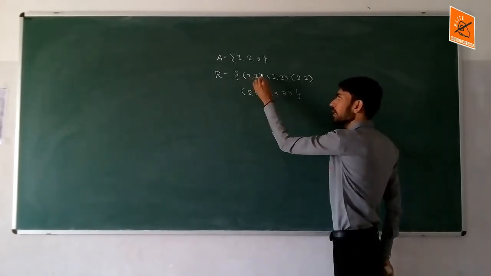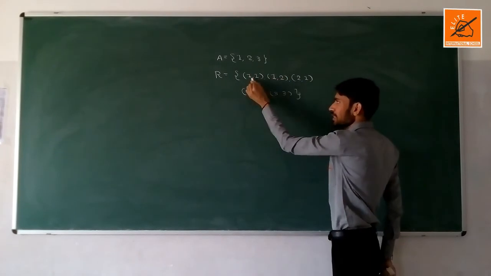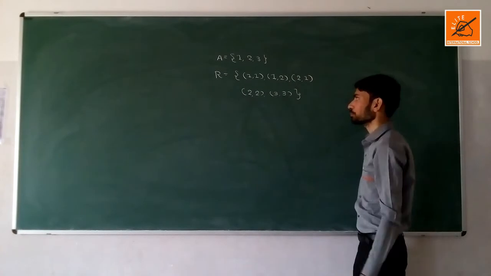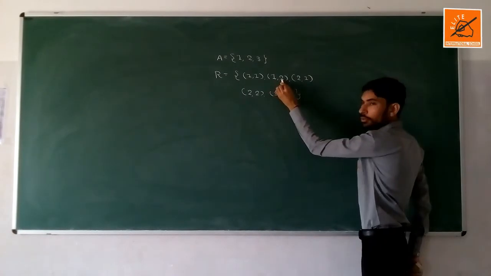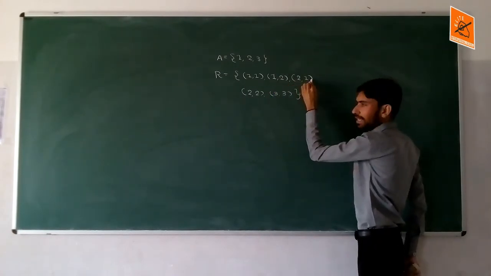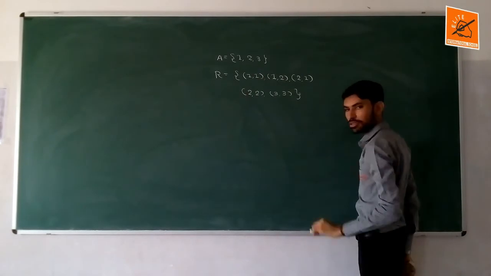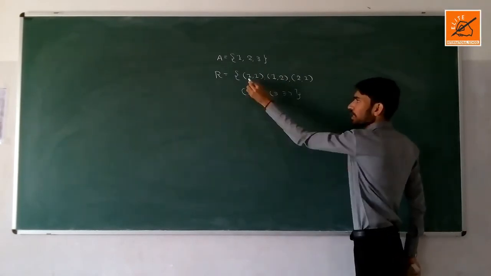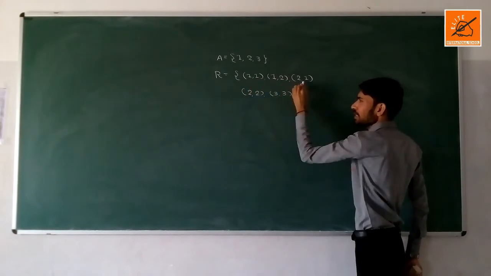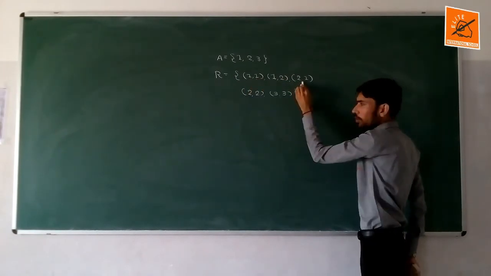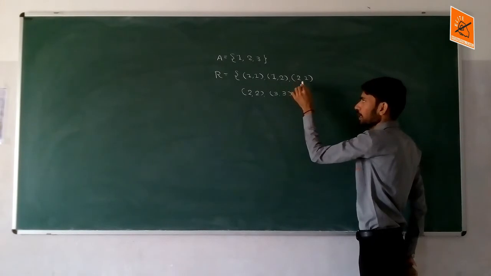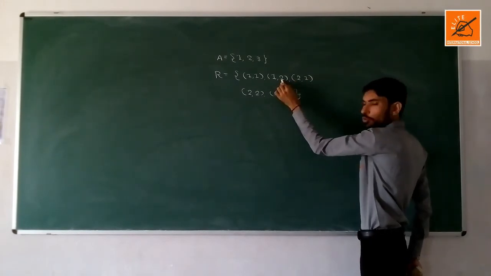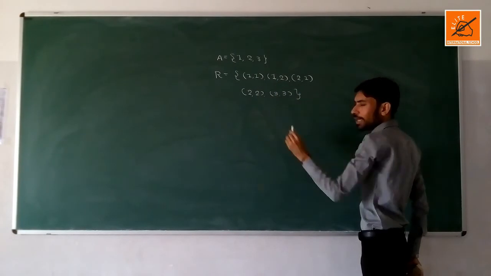For (a,b), (b,c), then (a,c): take (1,2) and (2,1), then R contains (1,1). Also (2,1) and (1,2) give (2,2), and (2,1) and (1,1) give (2,1), which R contains.